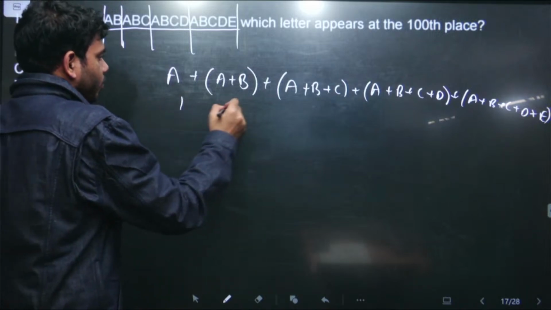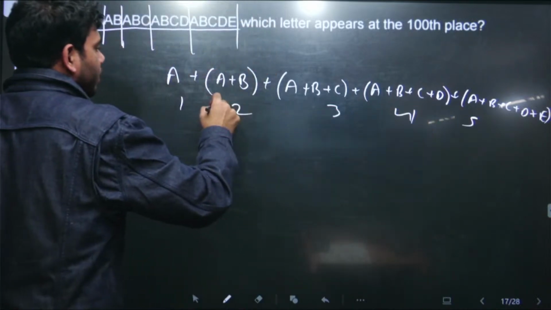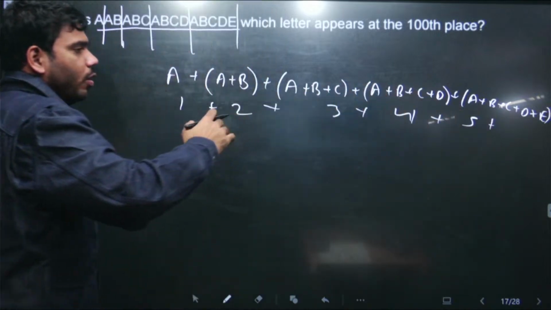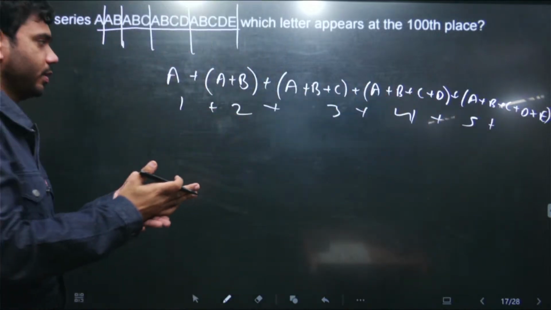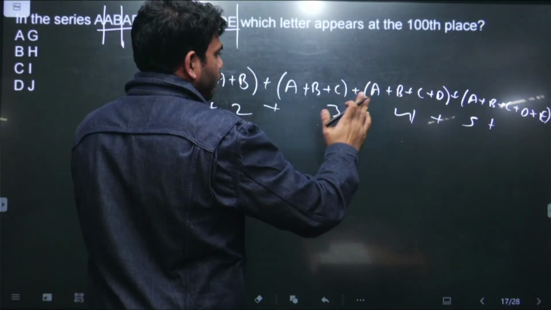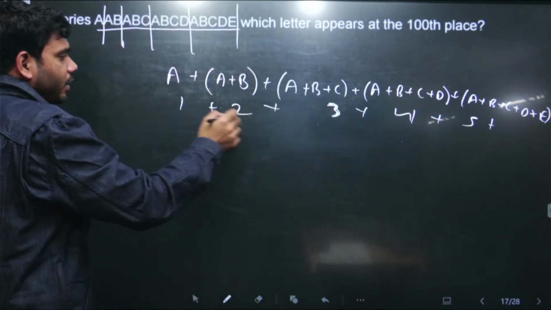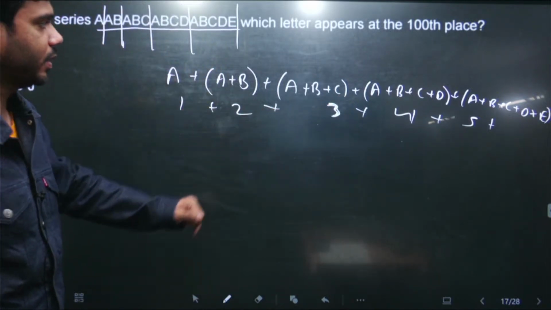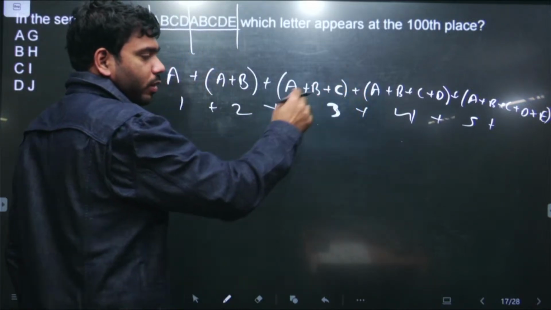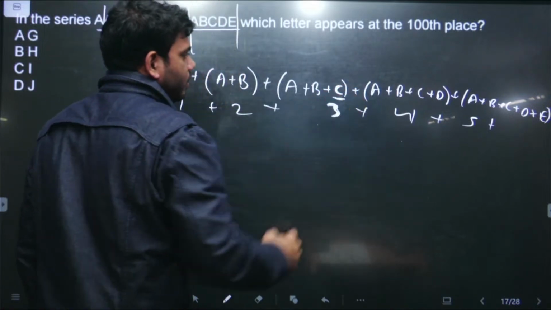Clearly this is 1, this is 2, this is 3, this is 4, this is 5. So the rank will be in the order of the sum of the natural numbers. Let us say we went up to n sequences. After the end of the third sequence, if we add the natural numbers up to 3, 1 plus 2 plus 3, that is the rank of the last letter of the last sequence.